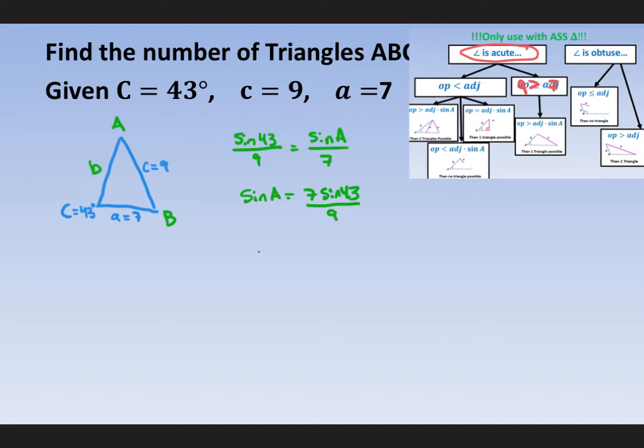Then I will plug that in and take the inverse sine. Let's plug that in real quick and see what we get. So we did 7 times the sine of 43 divided by 9, and we get 0.53. That's good enough. So we'll do the inverse sine of that.